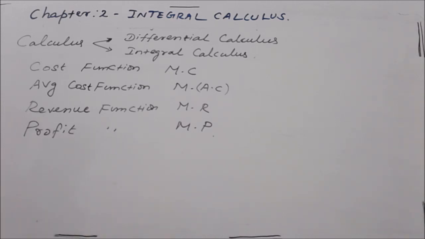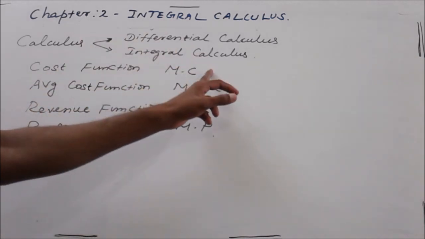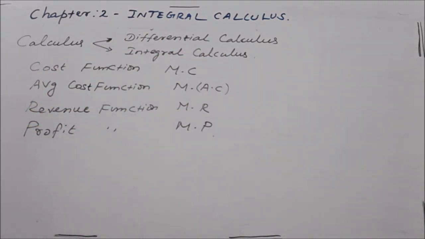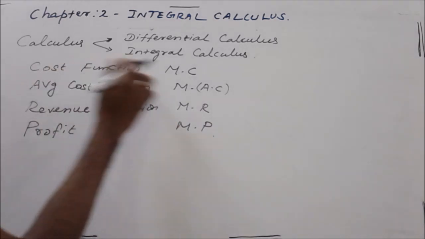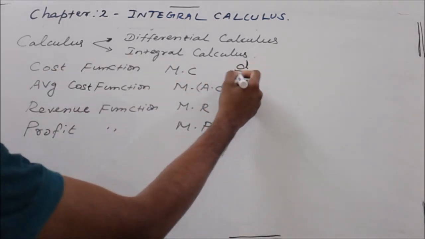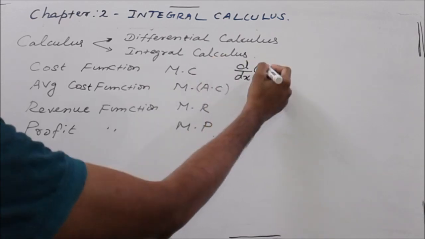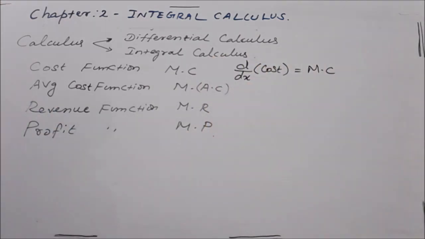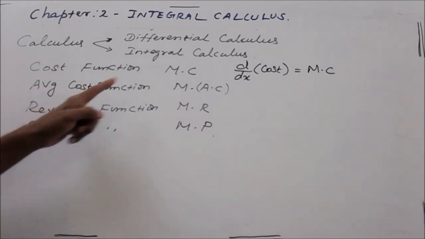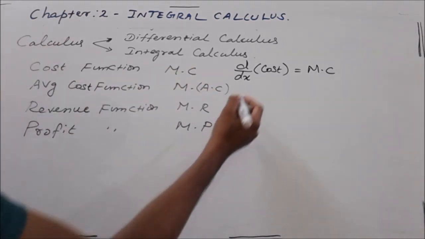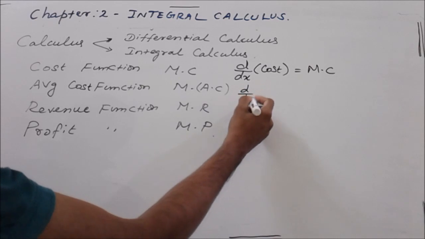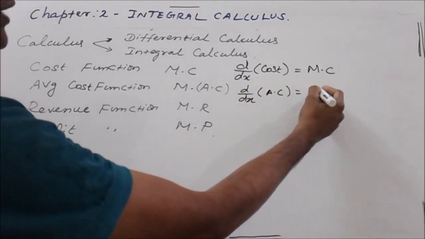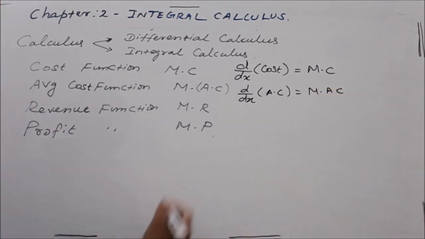Now, how to find marginal cost from cost? When we differentiate the cost function, d by dx of cost function will be equal to marginal cost function. Then average cost to marginal average cost: d by dx of average cost is equal to marginal average cost.